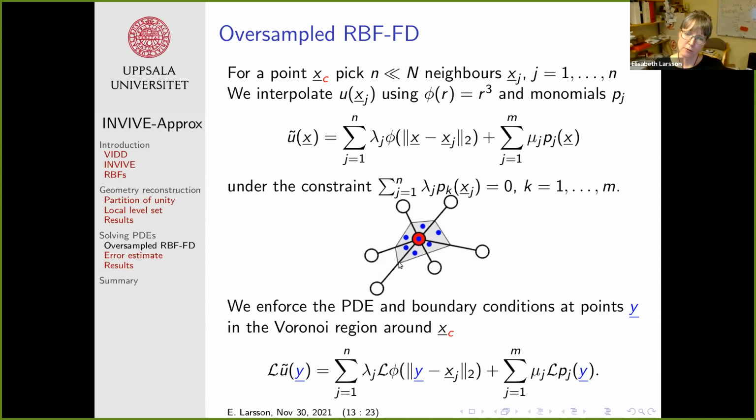So we get a little Voronoi region around the stencil center. So we use this stencil in 1, 2, 3, 4, 5, 6, 7 points. And we get a rectangular global system because we have more blue points in the rows than we have red points in the columns.